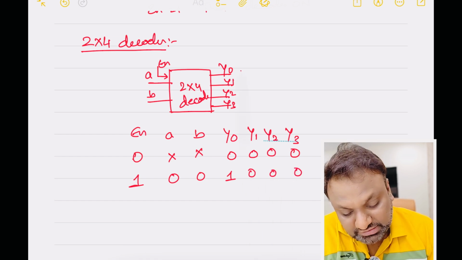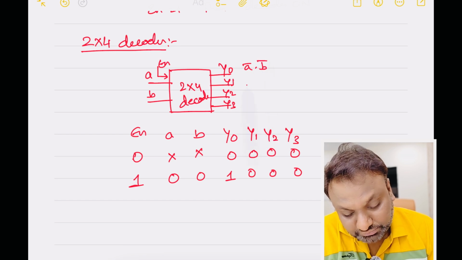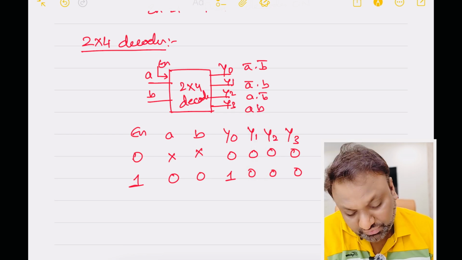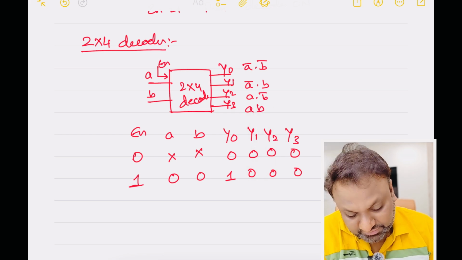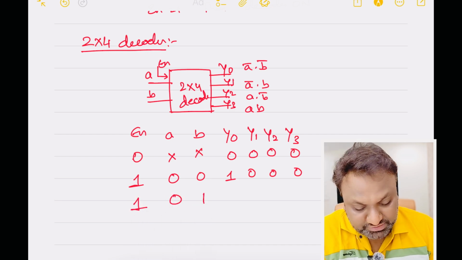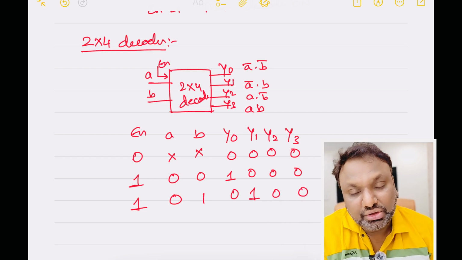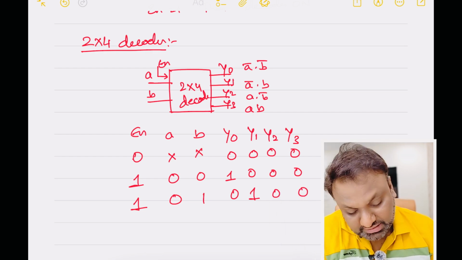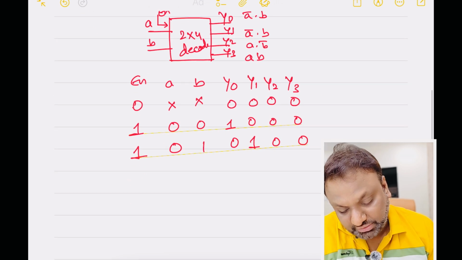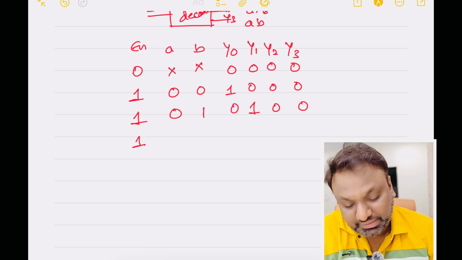What is y0? y0 is nothing but A bar into B bar. The others are A bar into B, A into B bar, and AB, the 4 outputs. When enable is equal to 1 and the input is 0 1, the output is 0 1 0 0.